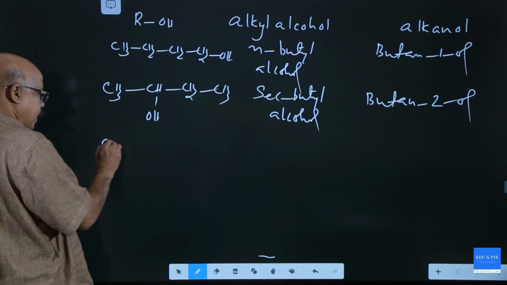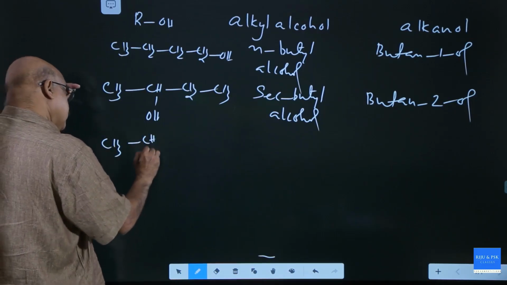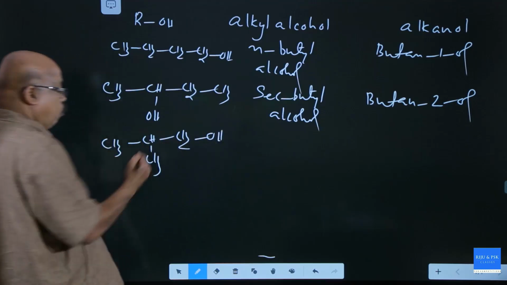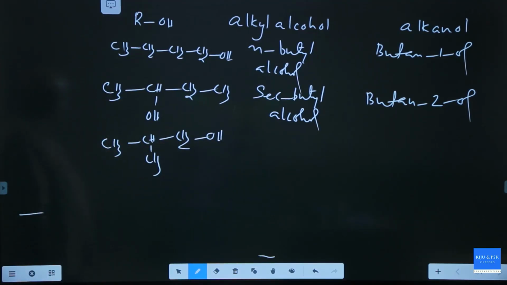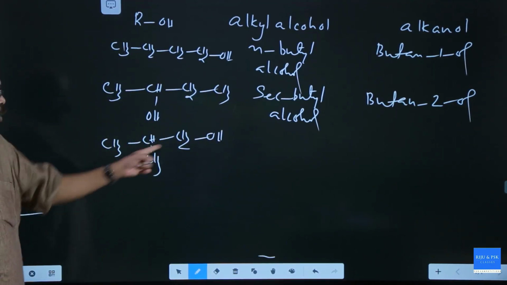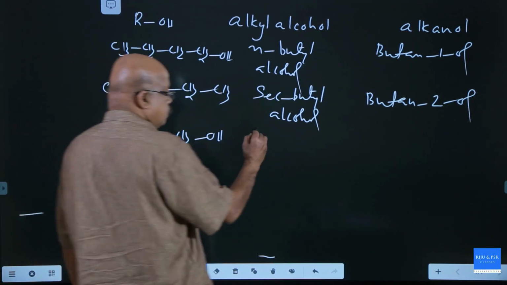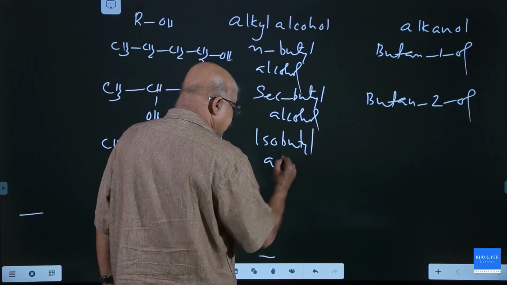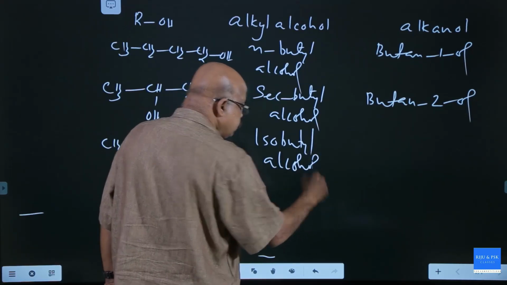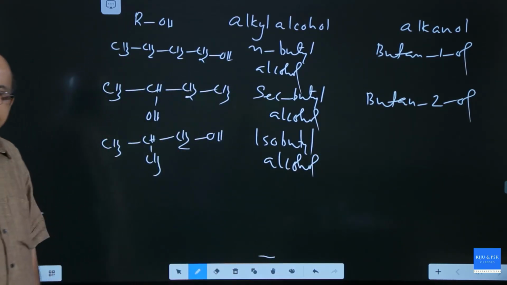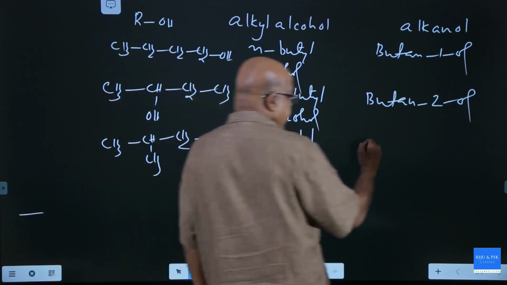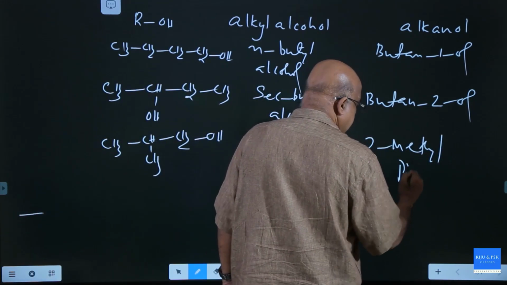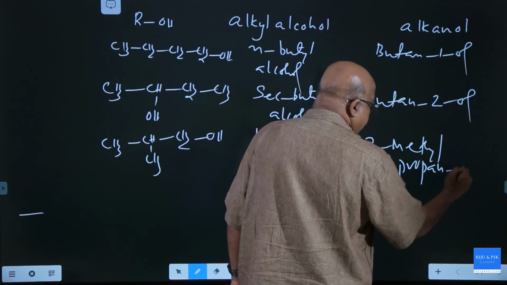Next one, CH3CH(CH3)CH2OH. This is 4 carbon containing alkyl group. It is isobutyl group. It is isobutyl alcohol, common name. IUPAC name 2-methyl propan-1-ol.